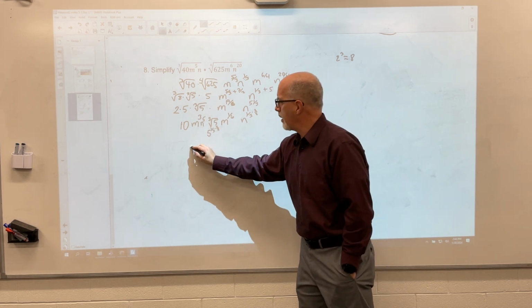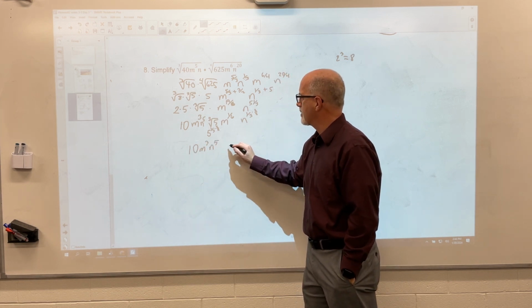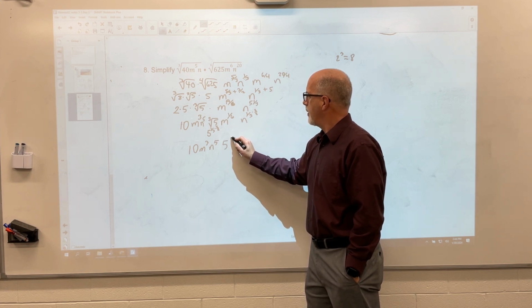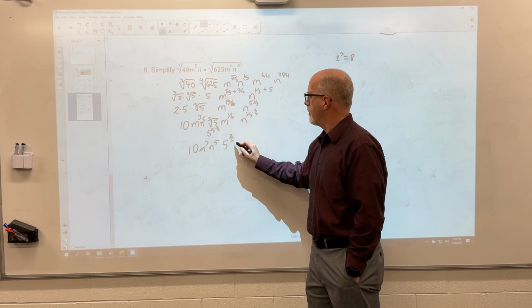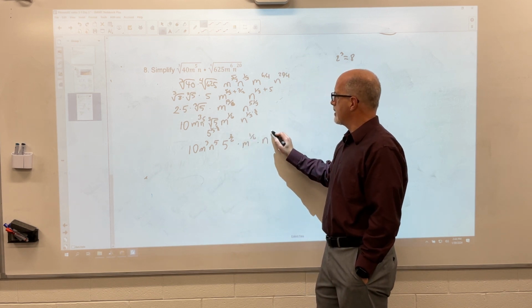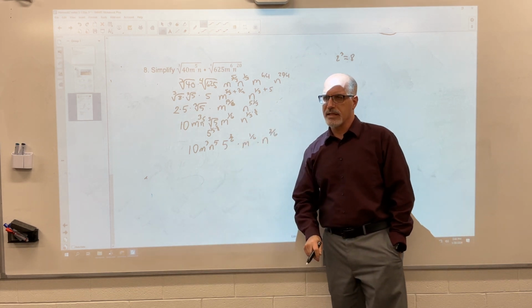So I'm just going to write that out a moment just so you see what I just did to get a common index. This is 5 to the 1/3, the 2/6 power times m to the 1/6 times n to the 2/6 power. These all now have the same index.